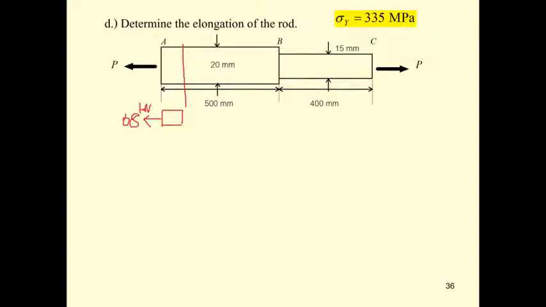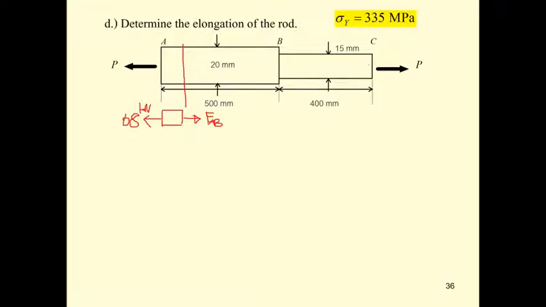When you cut this and use the equation of equilibrium, you may determine the force F sub AB to be 68 kilonewton.